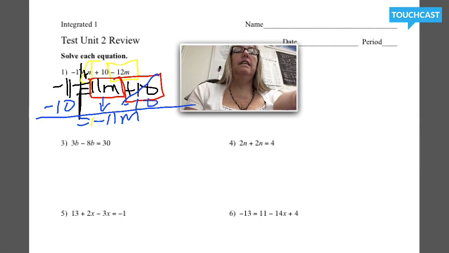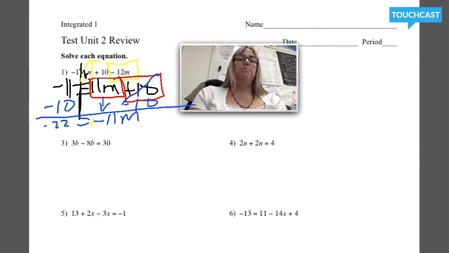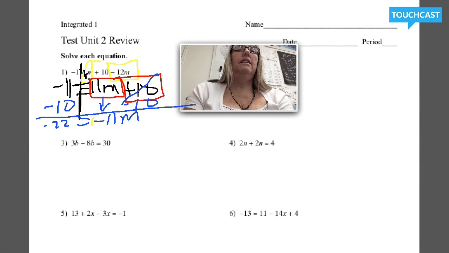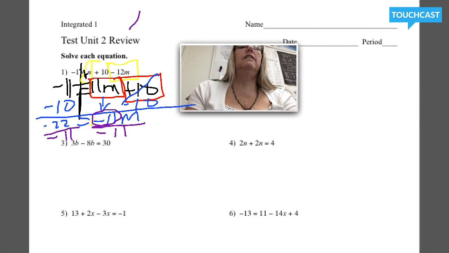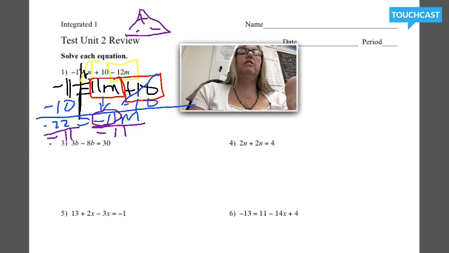I'm going to get negative 22, and now I'm ready to get rid of the number in front of my variable. So it's a negative 11m, so I'm going to divide by the negative 11, not the m. The m is going to stay, and then I'm going to remember that a negative divided by a negative is a positive.